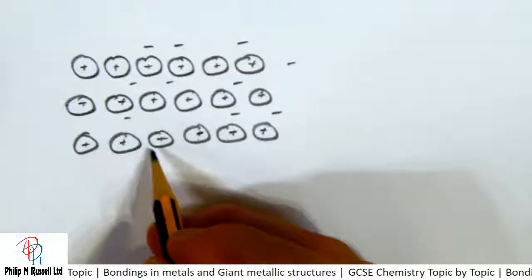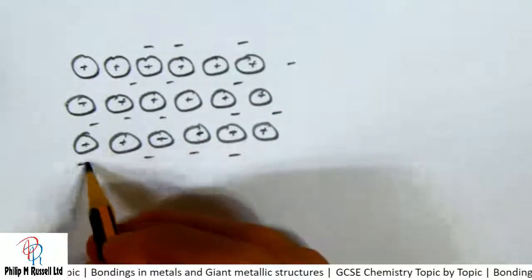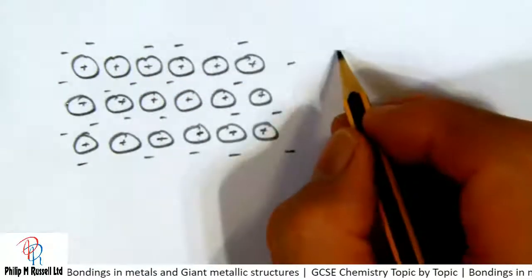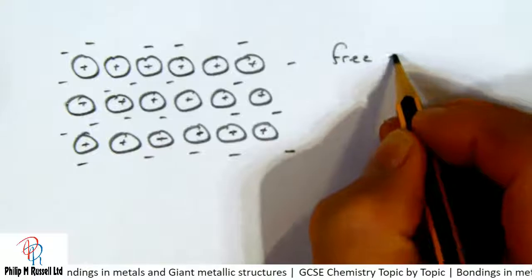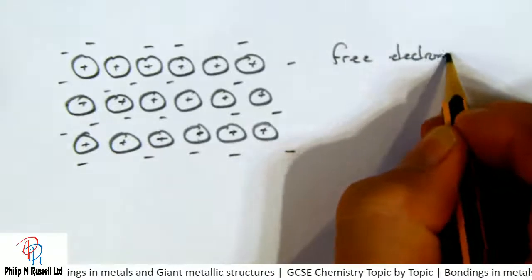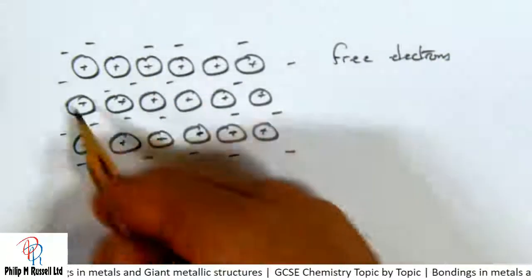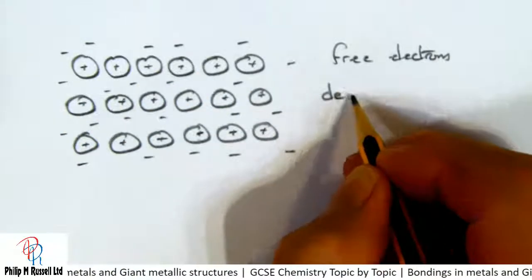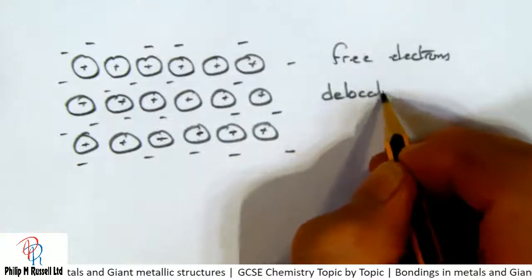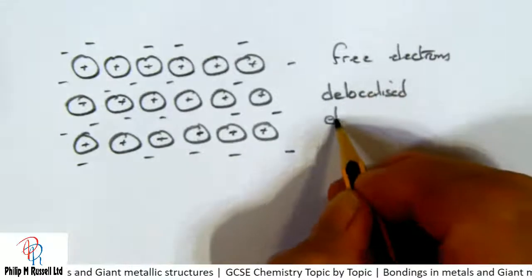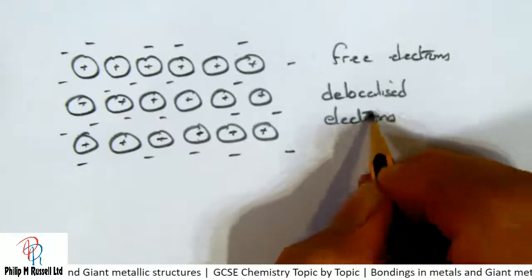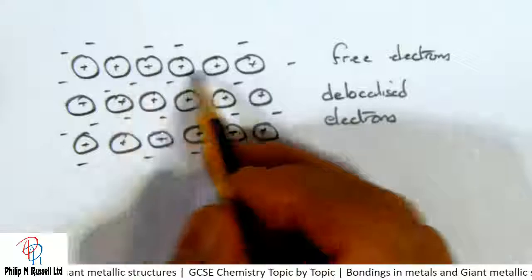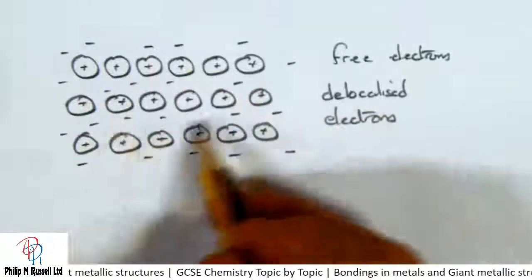So they're free here to move around the metal. These free electrons are basically not bound to any of these particular atoms, and we'll call them delocalized. So these are delocalized electrons, and the metal forms basically flat sheets.